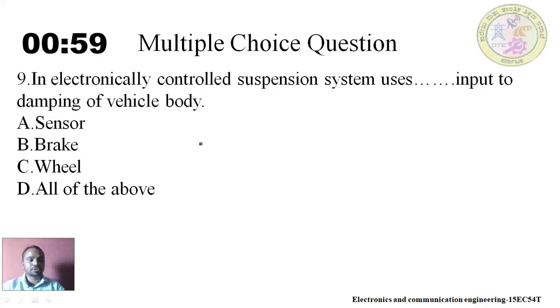Now coming to question number 9. The electronically controlled suspension system uses dash input for damping of vehicle body. You have four options: sensor, brake, wheel and all of the above.